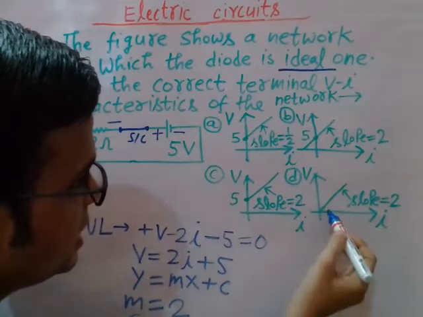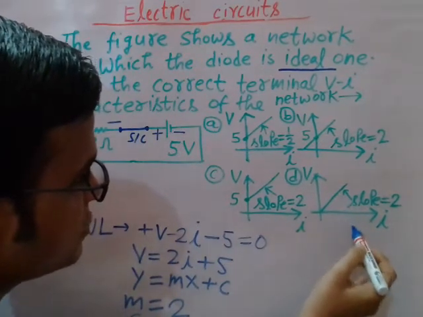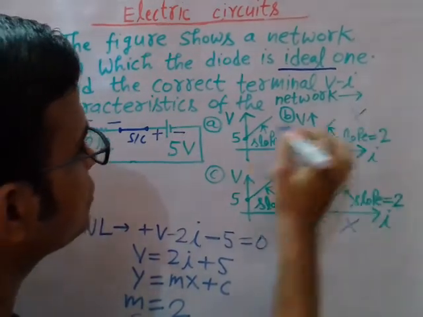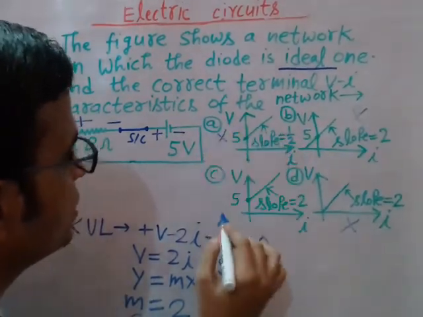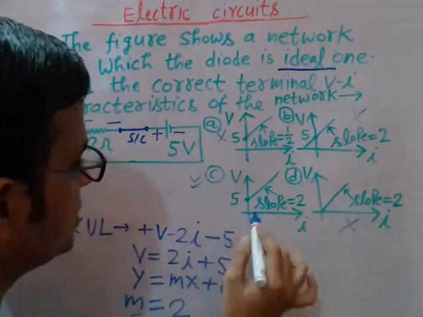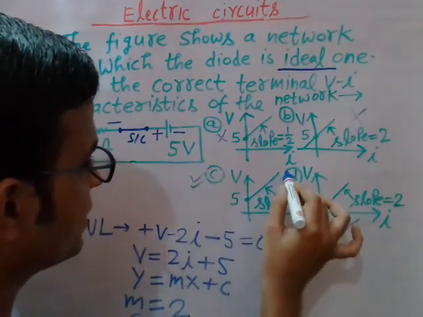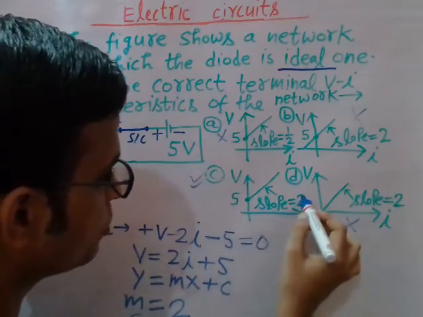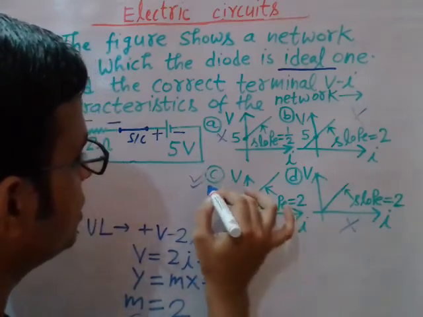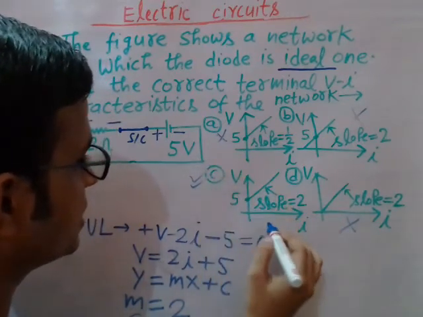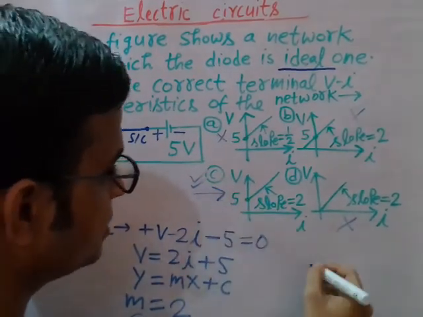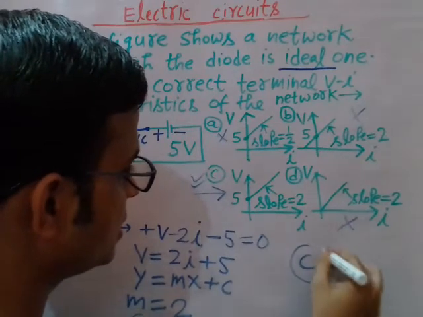It cannot start from the origin, so this is also wrong. So option C is correct. The intercept on the vertical axis, the voltage axis, is 5, the horizontal axis is the current axis, the slope is 2 and the intercept is 5. So option C is correct.